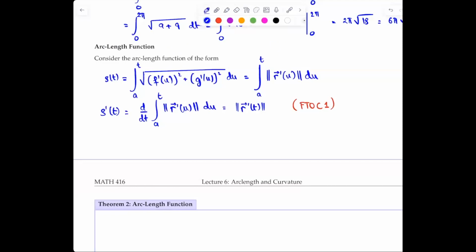So let me write that down. Here this measures how far a particle travels along the curve r of t.